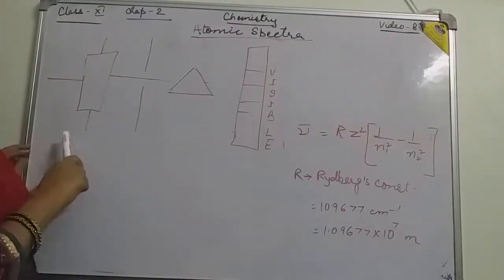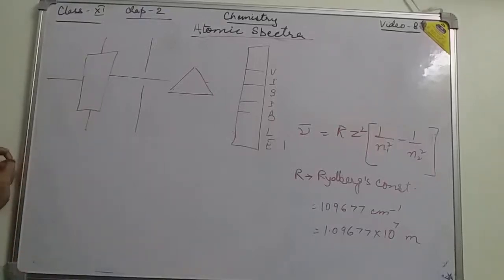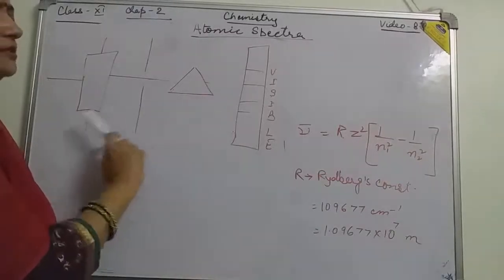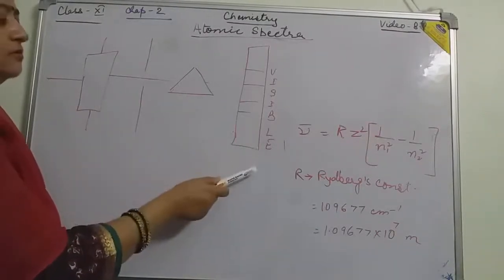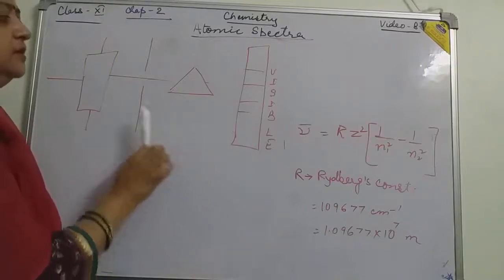Hydrogen obtained from various sources, the spectral lines present in this type of spectra are always constant, always the same.